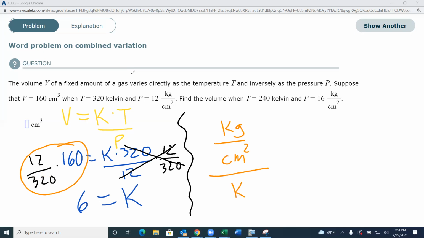That's a temperature measurement. And then multiplied by that 160 that had units of cubic centimeters. It turns out all but one of those centimeters cancels, and then you end up with kilogram-centimeters per degree Kelvin.